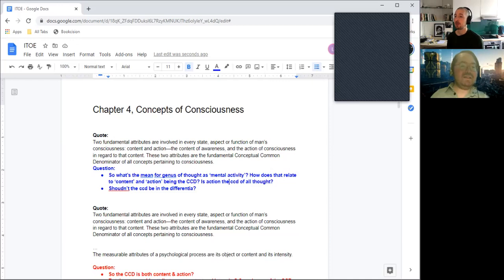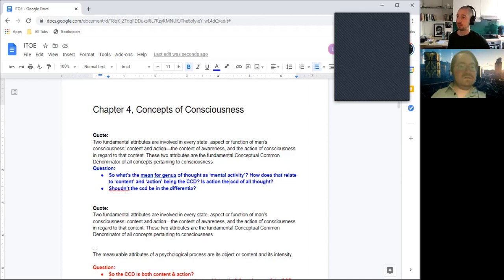Then the CCD is not necessarily the essential. I mean, it's a measurement there. The CCD measurement's always there. Yeah, it's a mental activity. That's the action. The CCD of action's always there. Okay.